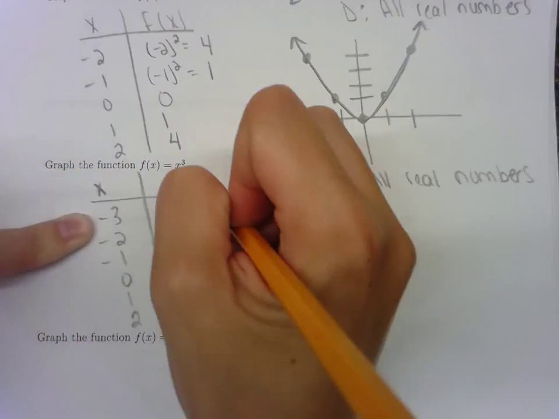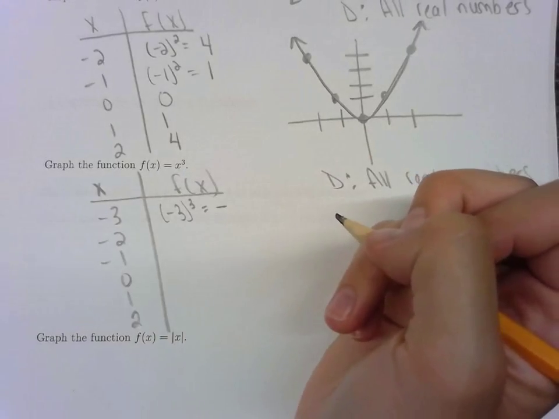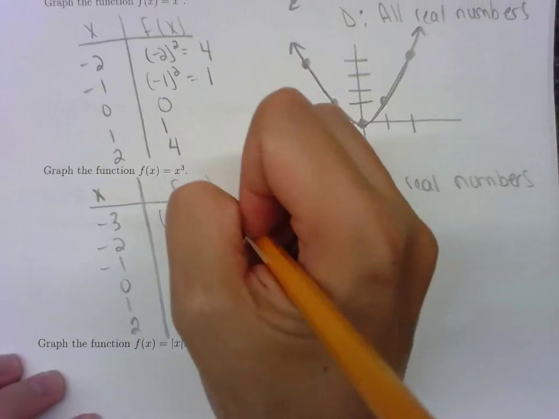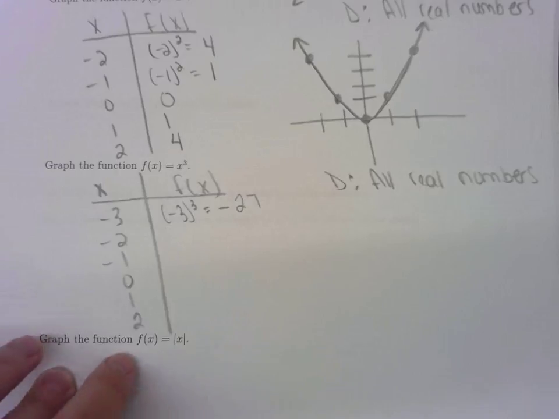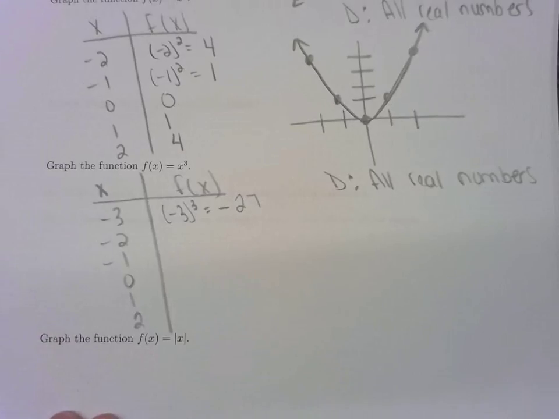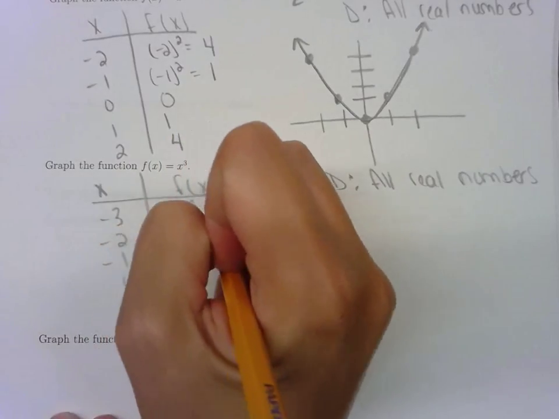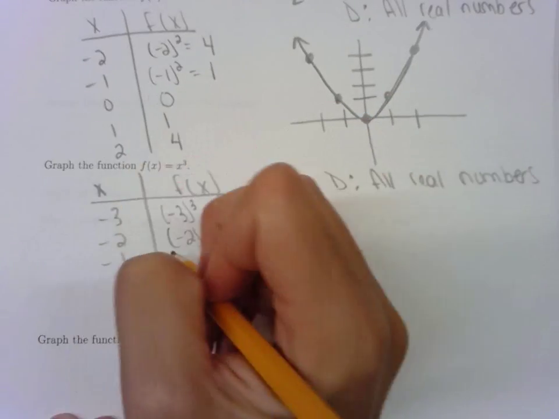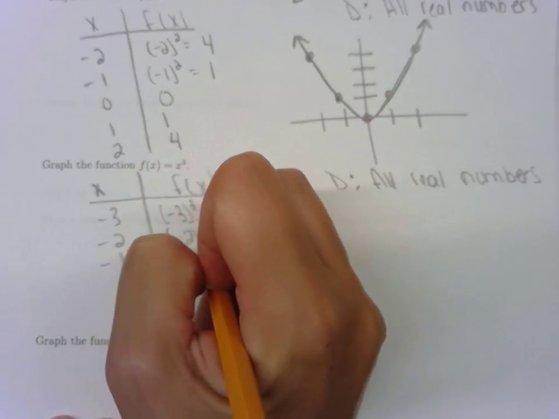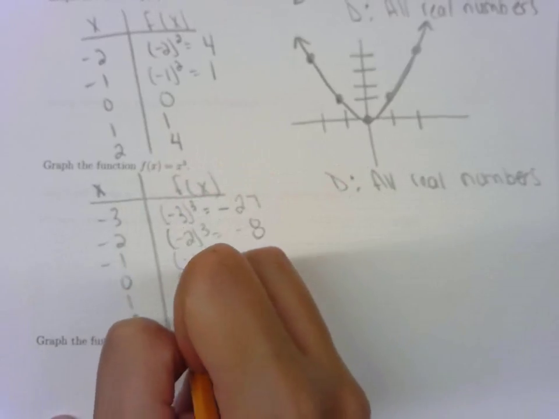The answer is negative because we have 3 negative signs. -3 times -3 is +9 times -3 would be -27. -2 cubed is -8, which I'll write out. So that's -2 times -2 times -2, so -8. -1 cubed is -1 times -1 times -1, which is -1. This would be 0, this is 1, this is 8.